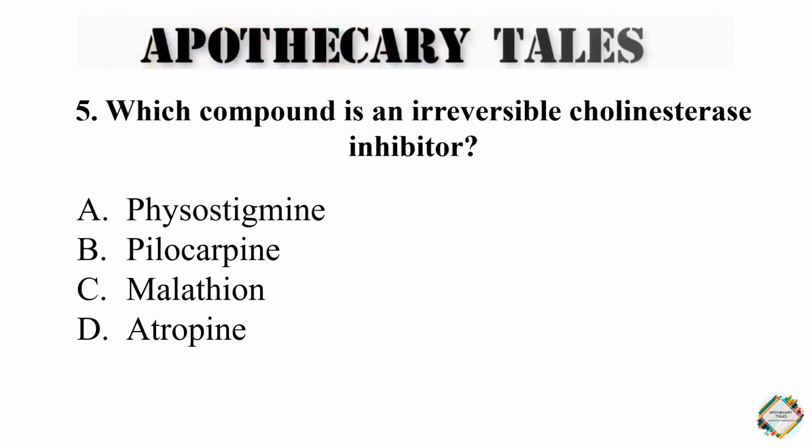Physostigmine is an indirect acting cholinergic agonist, that is anticholinesterase agent which is reversible in nature. Whereas pilocarpine is a direct acting cholinergic agonist. Atropine is antimuscarinic agent. Finally, malathion is an anticholinesterase agent which is irreversible.